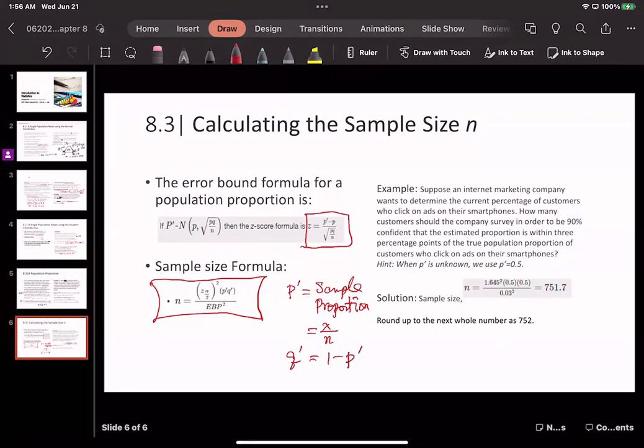And the EBP that we mentioned before, similar to the EBM, is the margin of error for proportion.